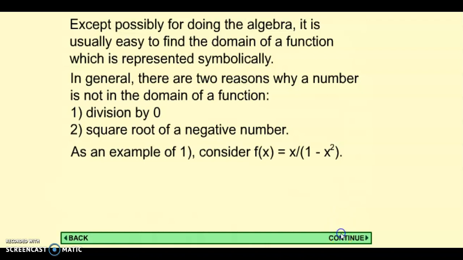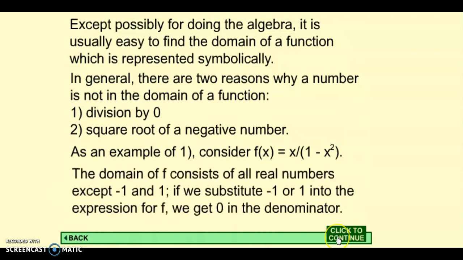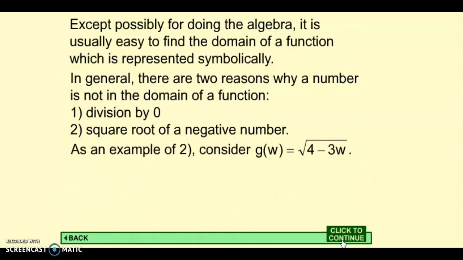Now let's find its domain. The domain of f consists of all real numbers except minus 1 and 1. See, if I put the value of x as 1 or minus 1, the denominator part becomes 0. So we can't take these two values of x as our domain, since it does not satisfy the condition.